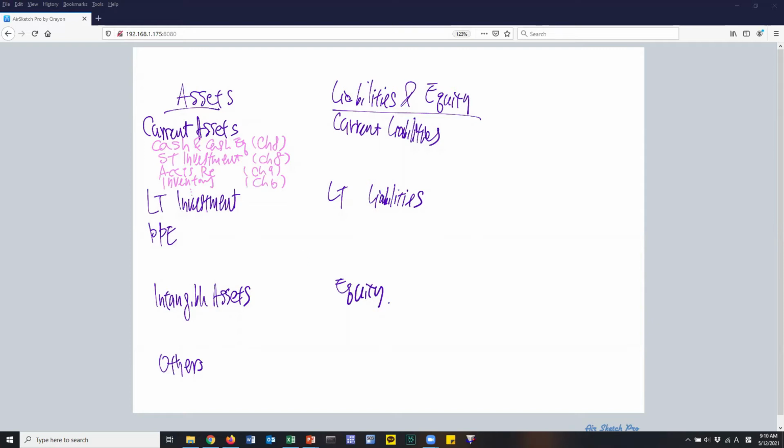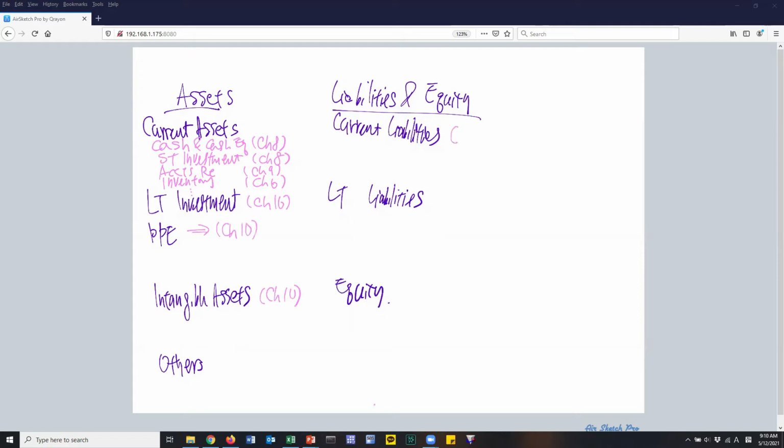And then long-term investments. Actually, we studied them in chapter, I think, 16. And PP&E is the topic in chapter 10, also together with intangible assets and others. So this is where we are.